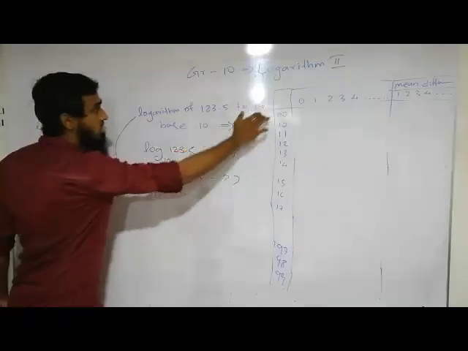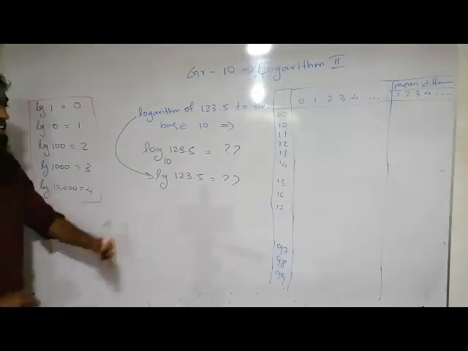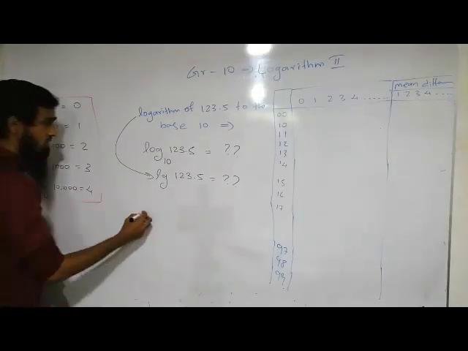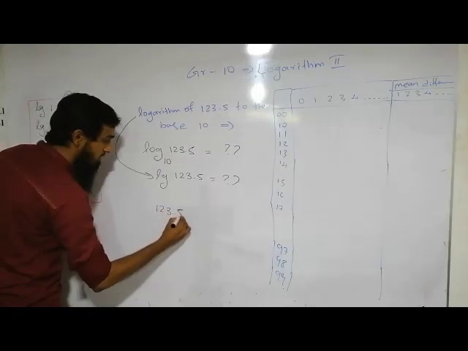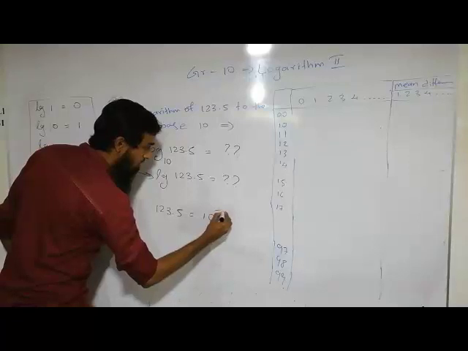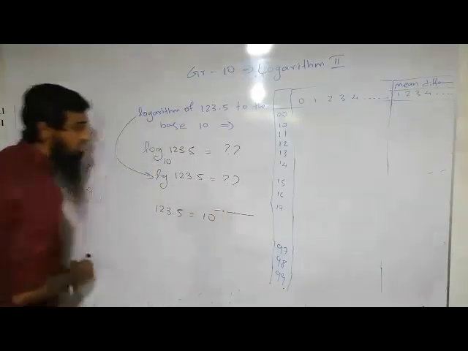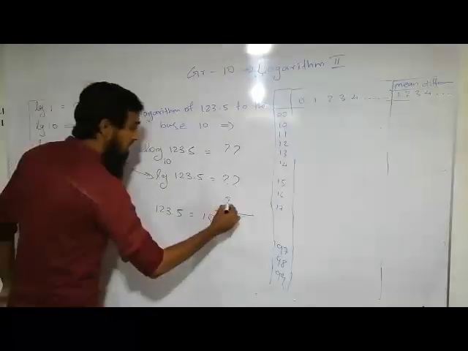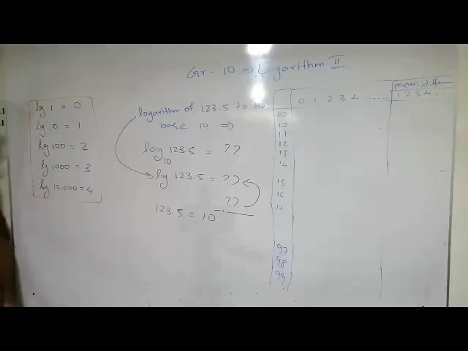So the entire sentence we write this way. The other part of the basics: we can write 123.5 as 10 to the power something. The power is the logarithm. That is our basic part.